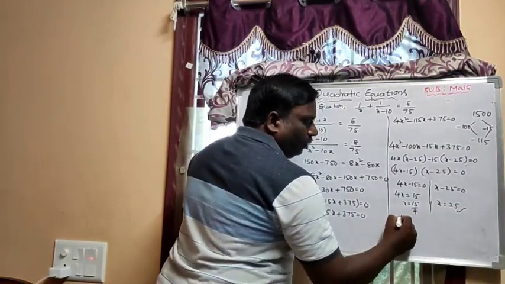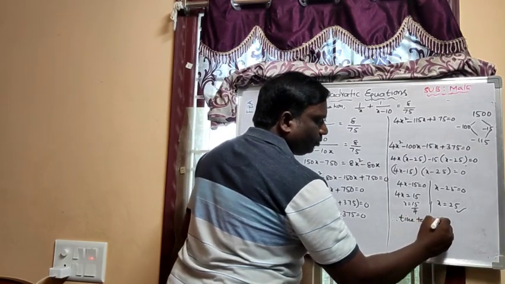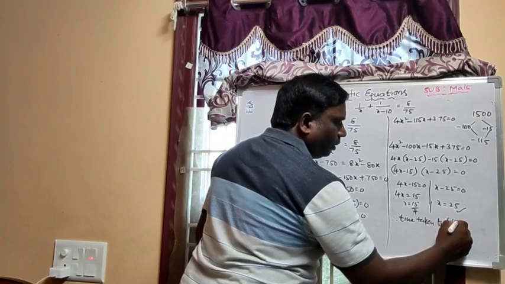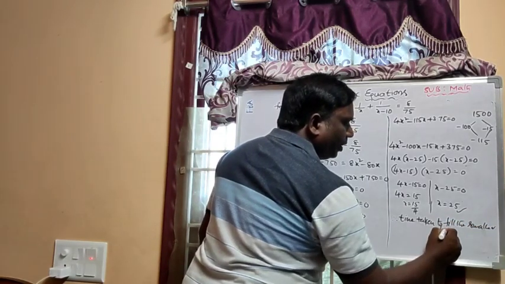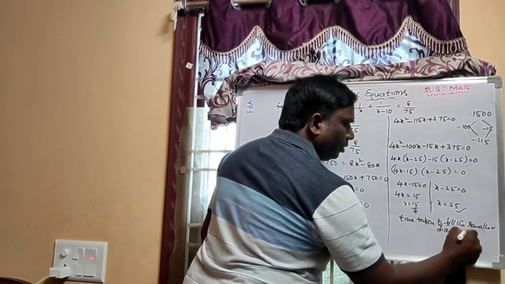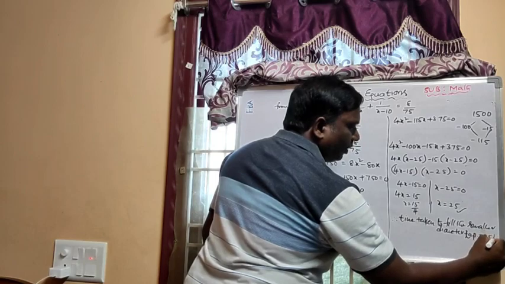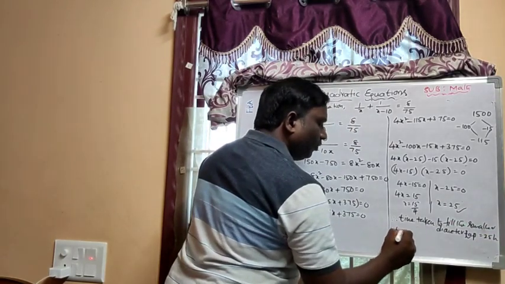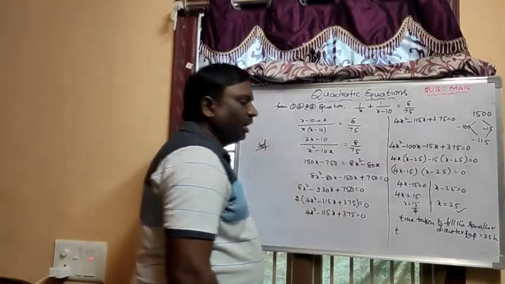Therefore, the time taken to fill the smaller diameter tap equal to 25 hours. Then the larger tap is 10 hours less than the smaller diameter tap.